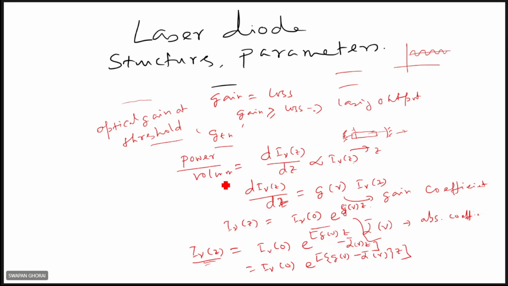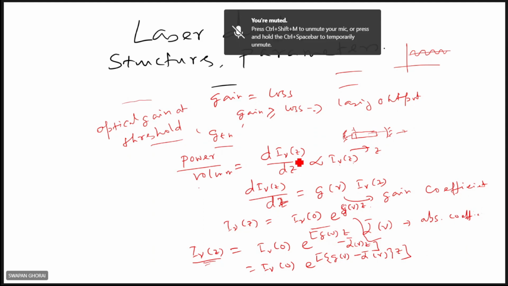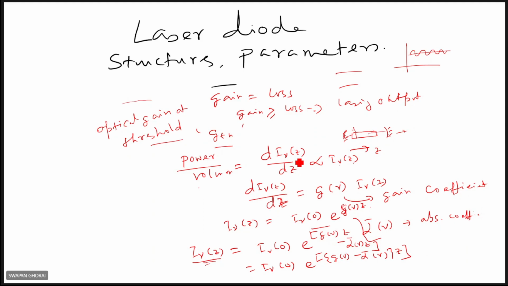So we can write the power per unit volume. If I is the intensity present initially, then in the z direction, dI_nu/dz at a certain distance z is the rate of change of intensity with respect to distance. It will be proportional to the intensity present, because more photons present means more stimulated emission. So dI_nu/dz is proportional to I_nu(z).